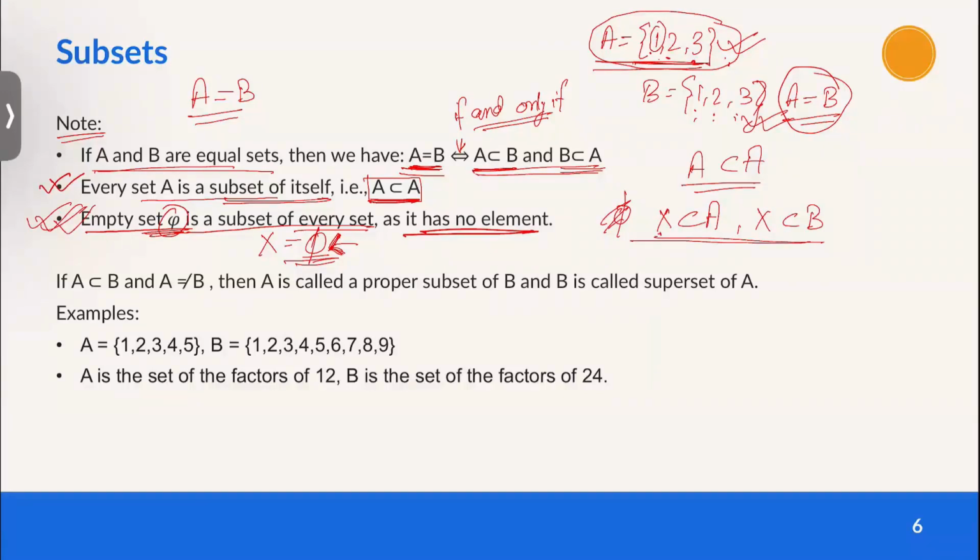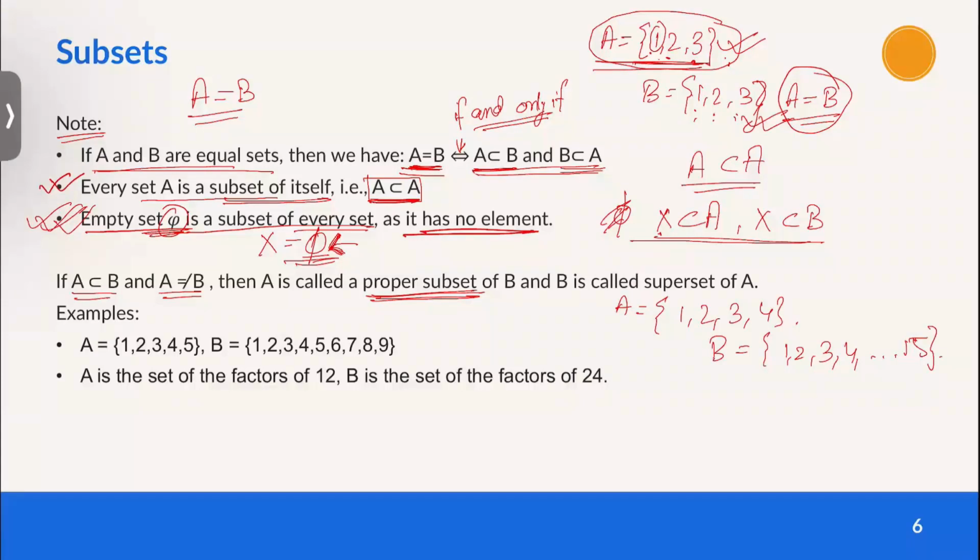Now we'll define what is a proper subset. So we say that A is a subset of B, but A is not equal to B. So we can take an example. A is equal to 1, 2, 3, 4, and B is equal to 1, 2, 3, 4, dot, dot, dot till 15, right?